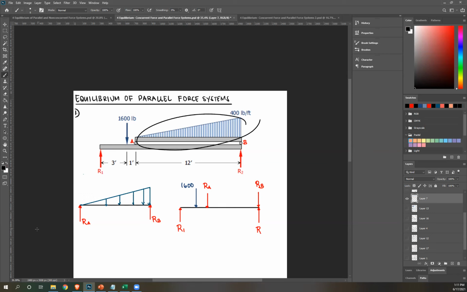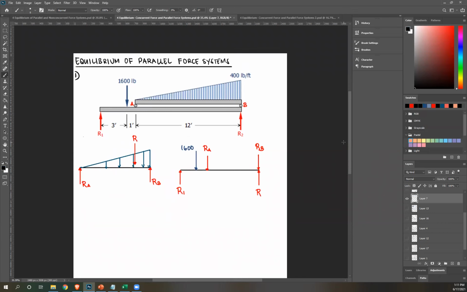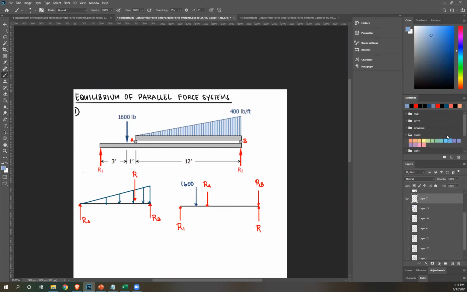Whenever we have a load diagram, it's best to convert it to a point load, which means to get its resultant. And to get its resultant, it's just the area of your load diagram. So that's just the area of your triangle. Okay, so we can just use that in our equation, and then its distance.